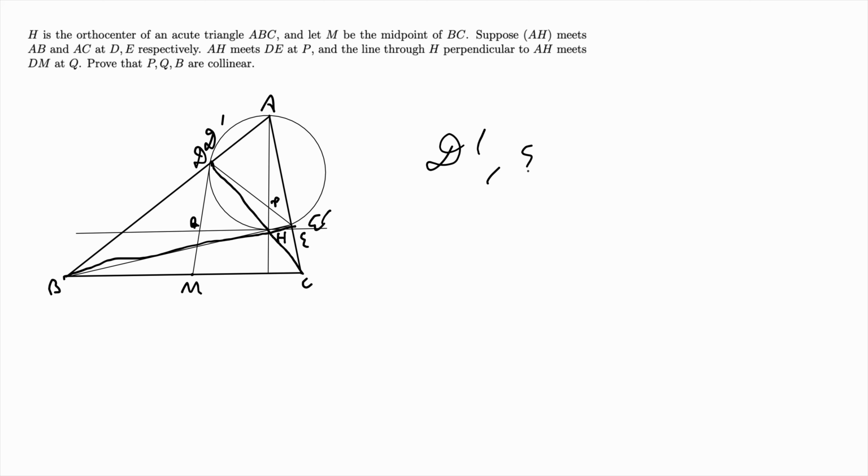We know that D prime, H, E prime, and A are cyclic. That is true. And notice that because this is 90 degrees, AH is the diameter. But notice that there is only one circle with AH as the diameter. In other words, D and D prime, and E and E prime, coincide because there exists only one circle, and those two circles that we just found have the same property.